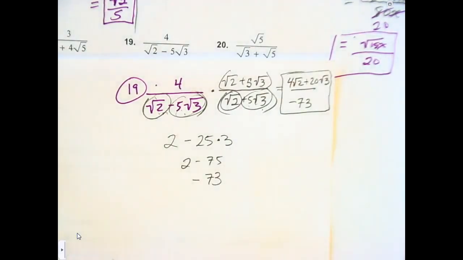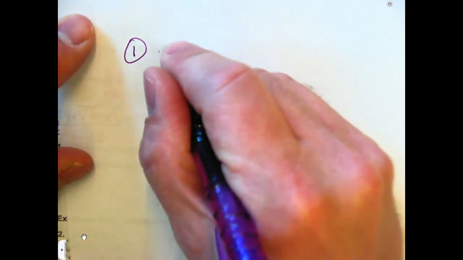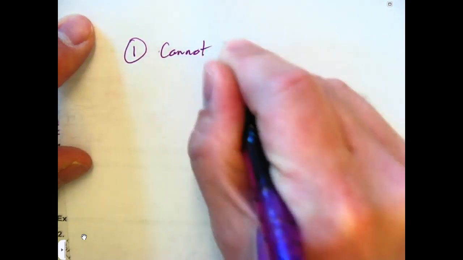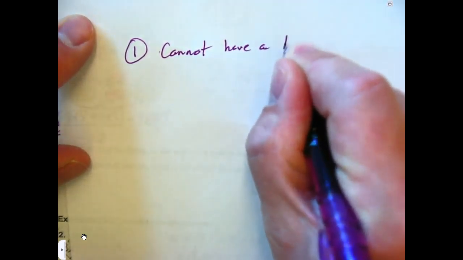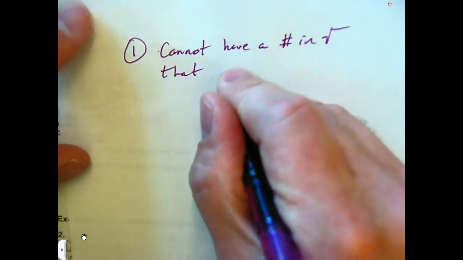Hey, you guys, on our assignment it says simplify a lot. How do you know if something is not simplified? First thing, you can't have a number in the radical that a perfect square goes into.